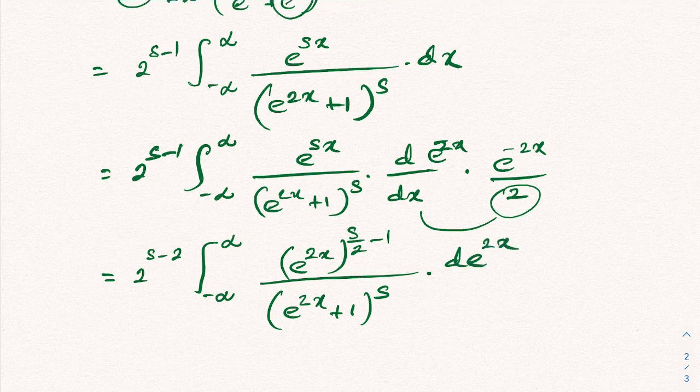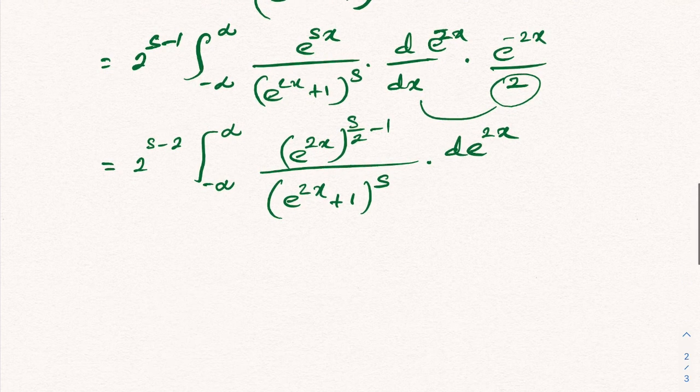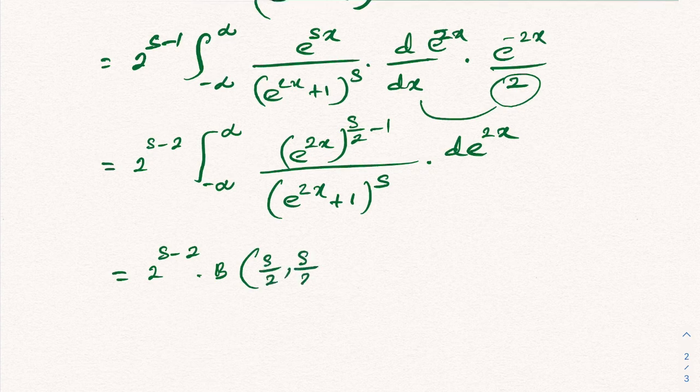So we are integrating with respect to e to the 2x. Now we know this is just a beta function, so we can write 2 raised to the s minus 2 times beta of s over 2 comma s over 2.